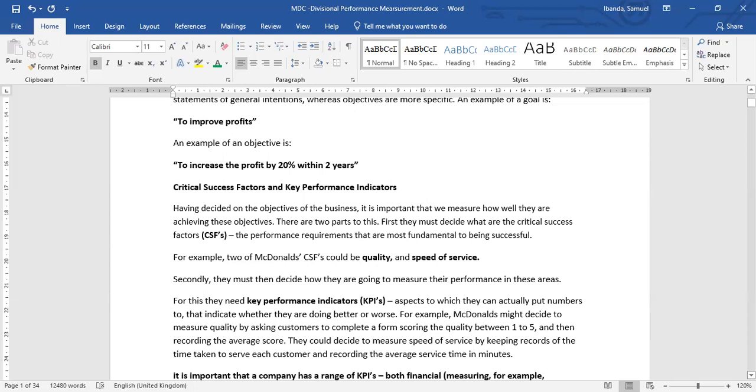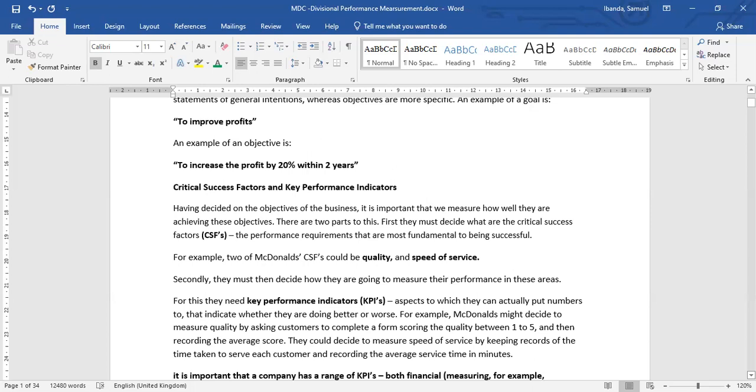For example, I think we saw part of McDonald's vision was to ensure that they're offering a quality service, okay? The quality restaurant products. But then they're also trying to look at maybe things to do with, for example, the speed of service, okay?